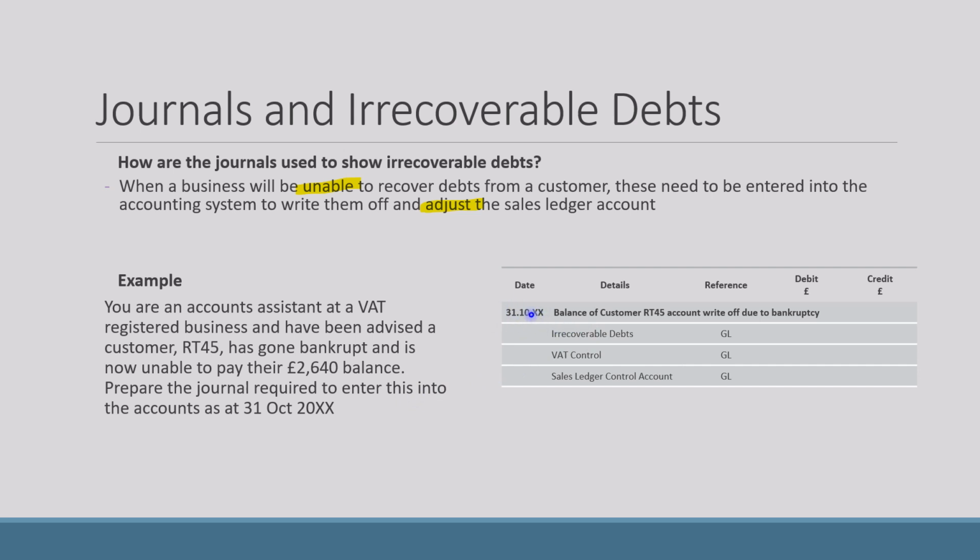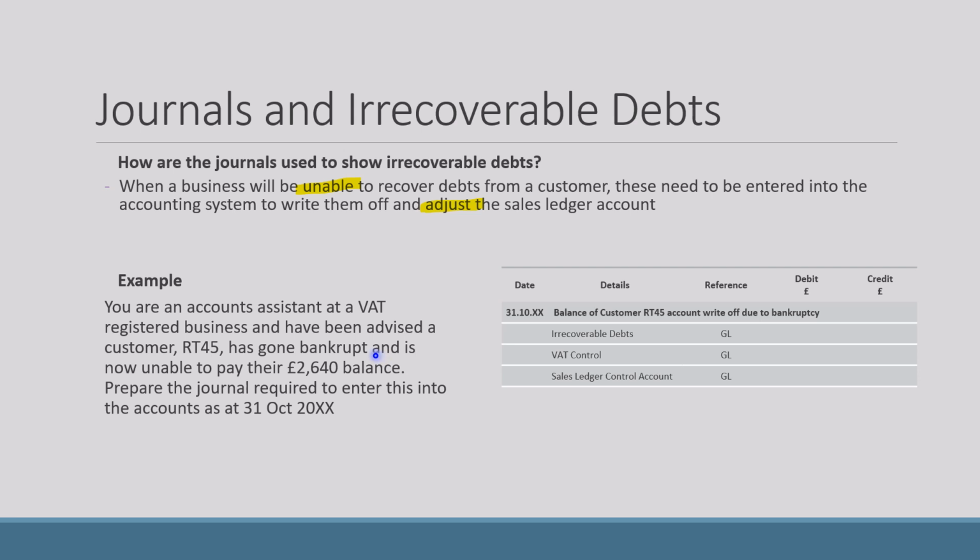So 31st of October is our date. Here's our description of what the journal's all about: the balance of customer RT45 account write-off due to them going bankrupt. And then we're going to have 3 accounts here that are going to be affected. The key in this bit of information is that we're told we are an accounts assistant at a VAT registered business.